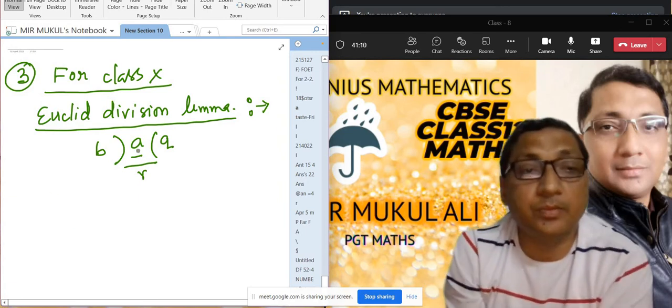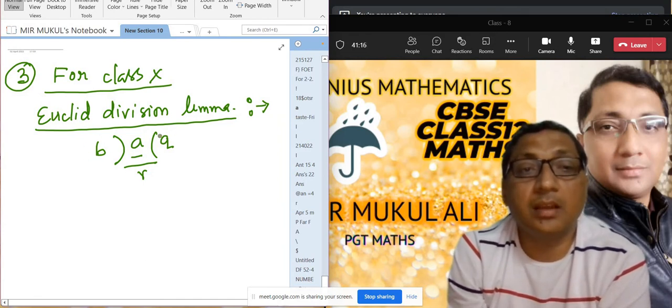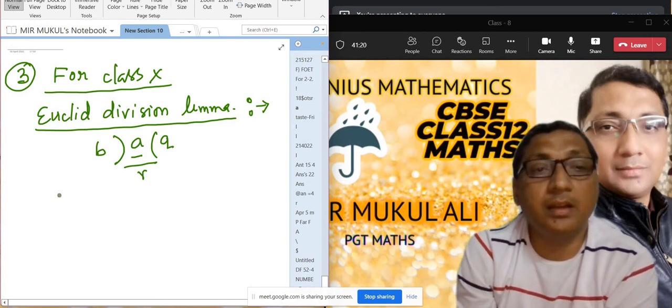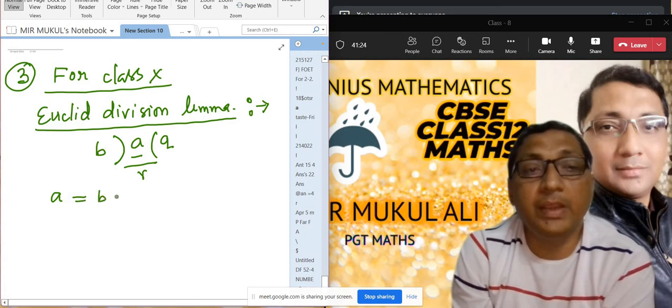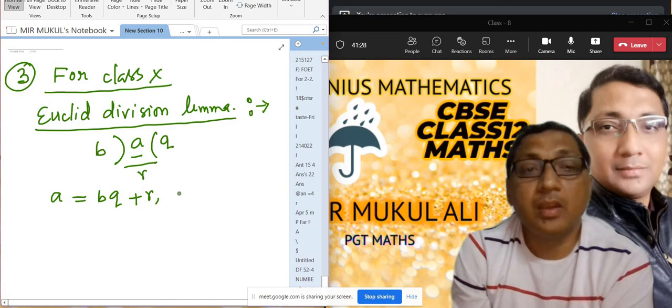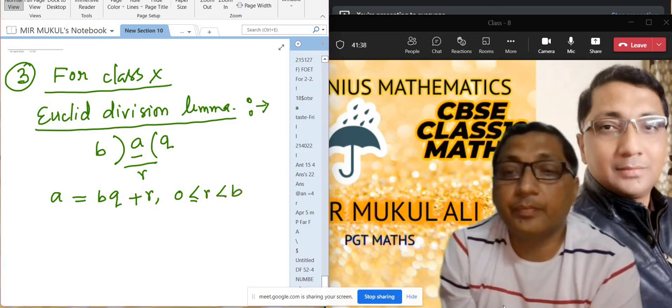From class 6, we know that A is called the dividend, B is called the divisor, Q will be the quotient, and R will be the remainder. So A can be written as B into Q plus R, where 0 is less than or equal to R, which is less than B, right?